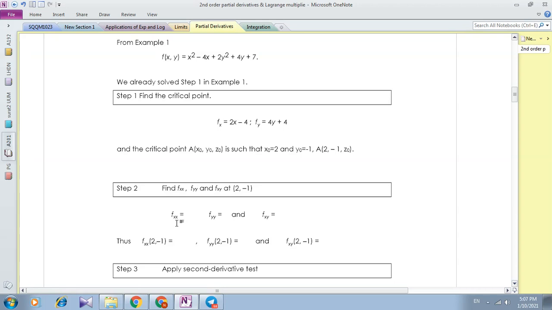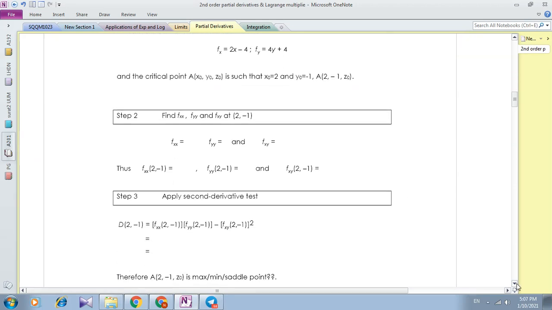You are required to find fxx, fyy, and fxy. How to do that? We already have the partial derivative of x and the partial derivative of y.